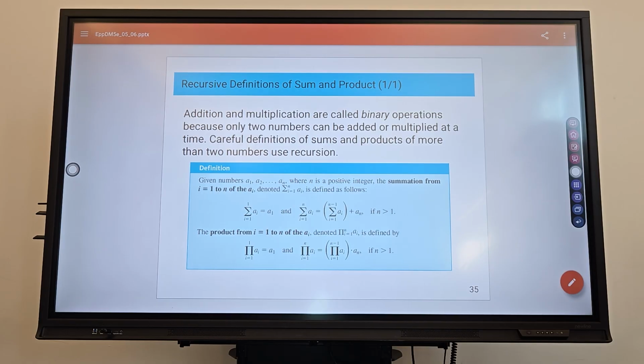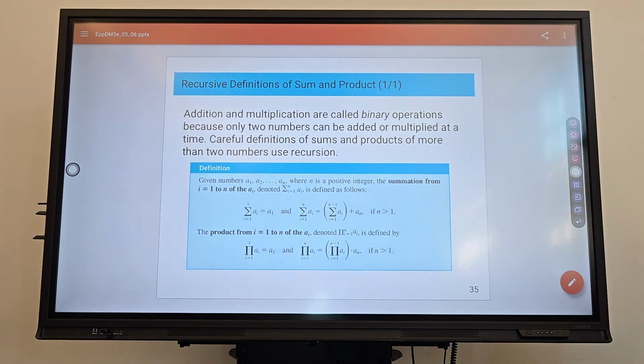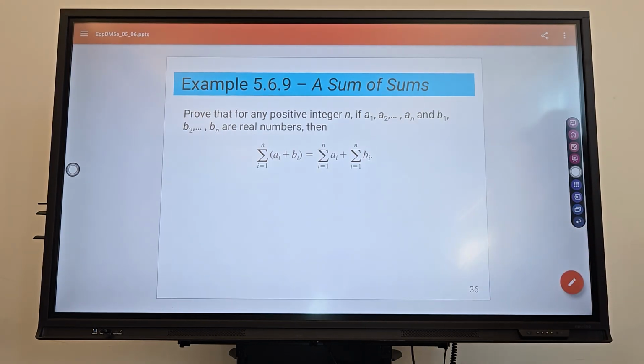The product is similarly defined with multiplication of the last term. Prove that for any positive integer n, if a_1, a_2, a_3 to a_n and b_1, b_2, b_3 to b_n are real numbers, then this equation holds true.